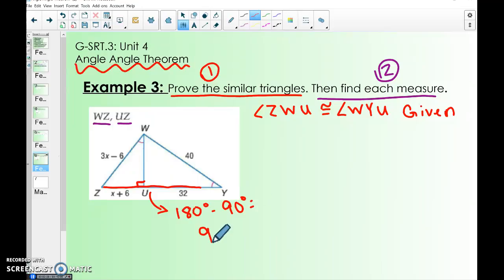Hey, look at that. That must mean that this angle in our second triangle over here is 90 degrees. Okay, so that means angle WUY is 90 degrees.